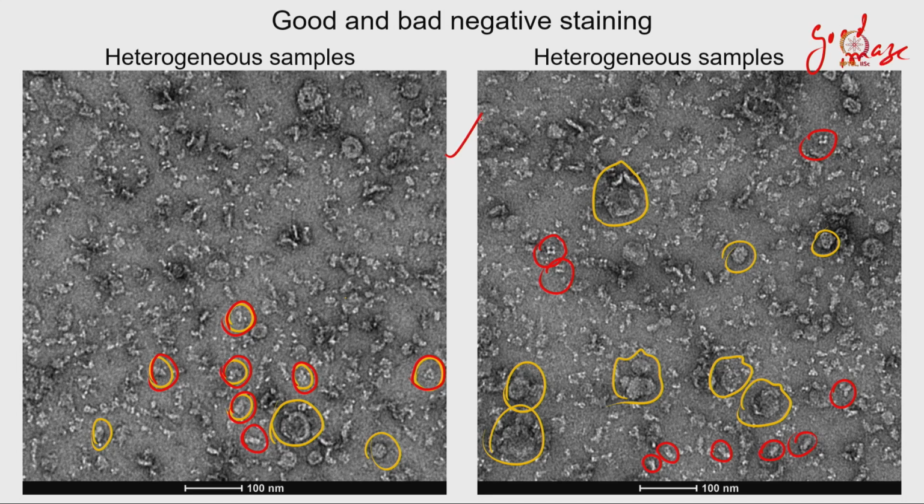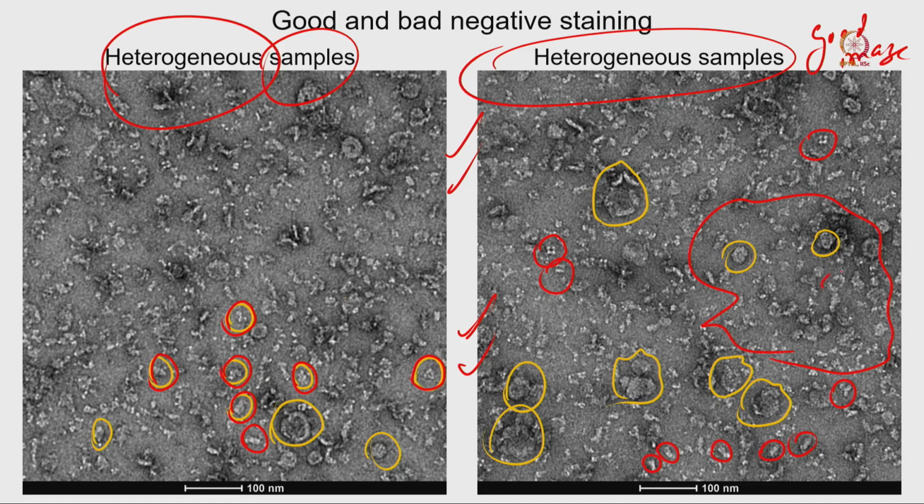This is the negative stain we want, but if you consider the sample, it is a heterogeneous sample. When we have this kind of thing, where different shapes and sizes are all mixed together, it is basically called a heterogeneous sample. So when you purify and get this kind of pattern, generally it is not a good image for cryo study or any structural study.